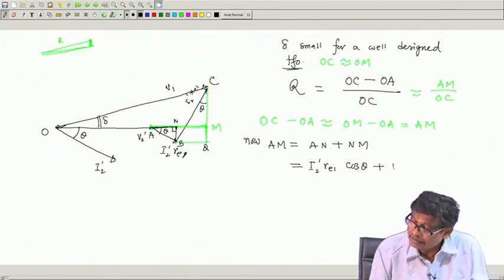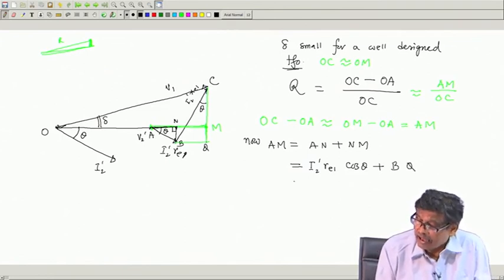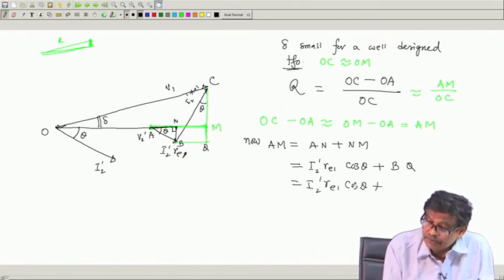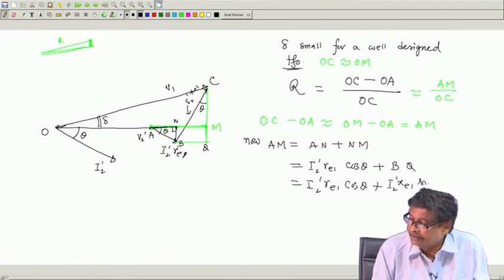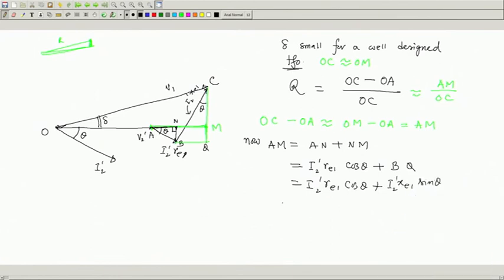Therefore, this will be B q, and from this right angle triangle, B q is I 2 dashed X e 1 sin theta. So, this will be I 2 dashed R e 1 cos theta plus I 2 dashed X e 1 sin theta, divided by O C, and O C is V 1.